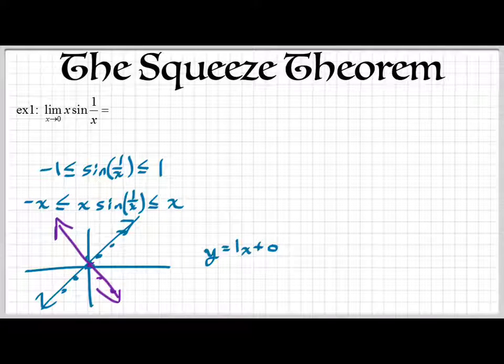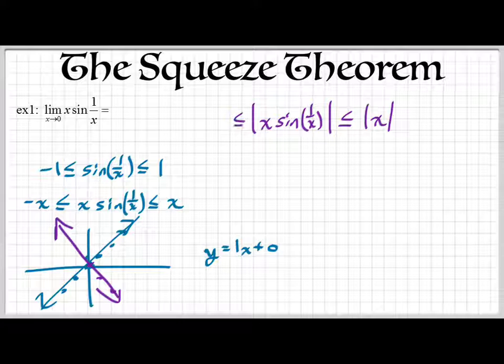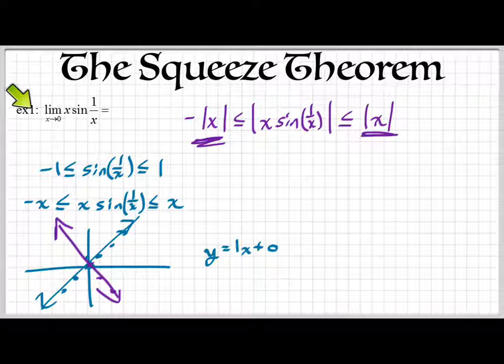Let's see. So how would that look? Would this function always be above and this function always be below? I'm warning you, this answer is not satisfying at all.